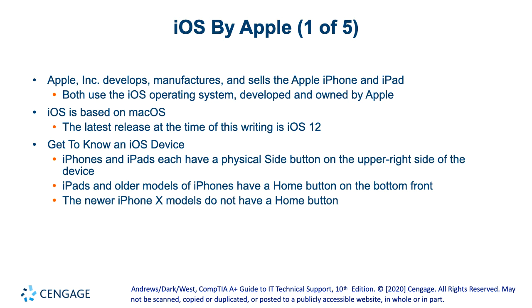iOS is based on the Mac OS. You have different versions, iPads, iPhones that run these. It is developed and owned by Apple, though, which is in contrast with Android.